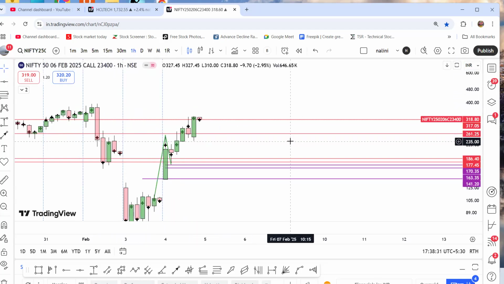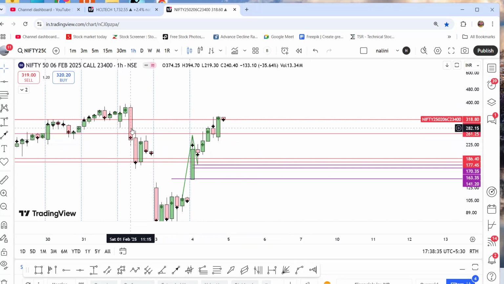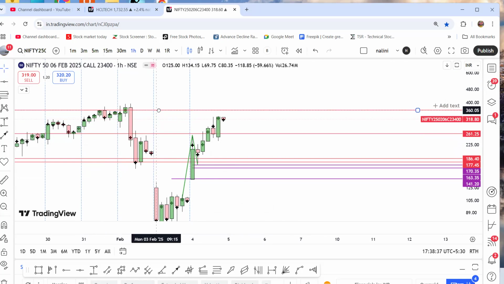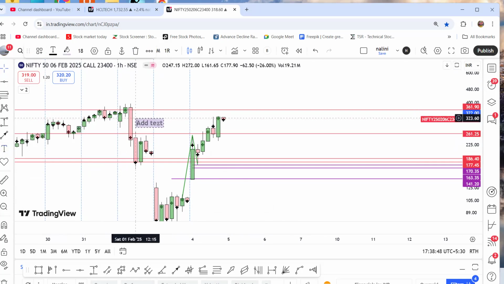And if you see any gaps, you can see a gap in the option premium. There is a gap between this and this. This is a bear gap. Why bear gap? Because the market has gapped down from here.